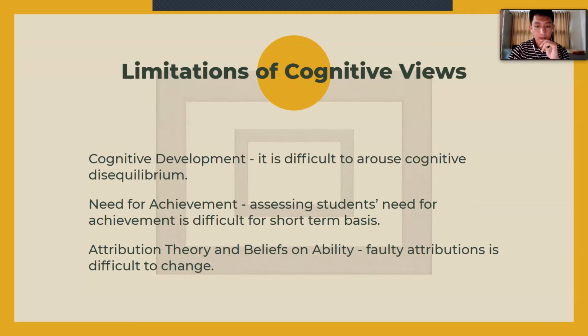For attribution theory, it's difficult to change faulty attributions. If the student thinks that they only succeeded because the questions were easy, it's hard to tell them that it is because of their hard work that they succeeded on that certain activity.